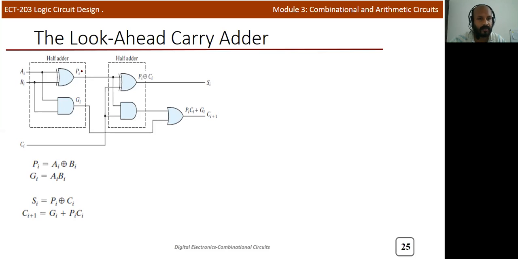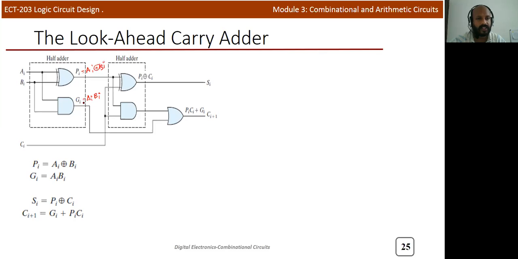Similarly, GI you can define in the first half adder, that is AI into BI. So this is the logic to implement PI and GI. If you take a full adder using two half adders, you can easily define PI and GI.